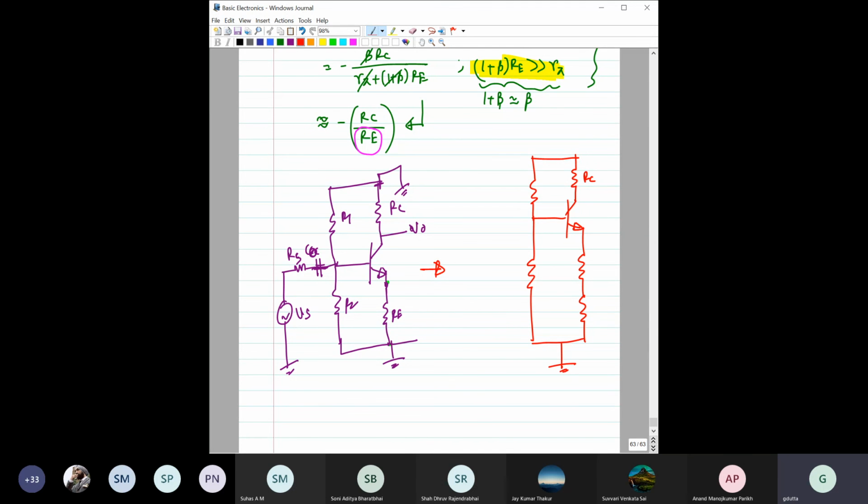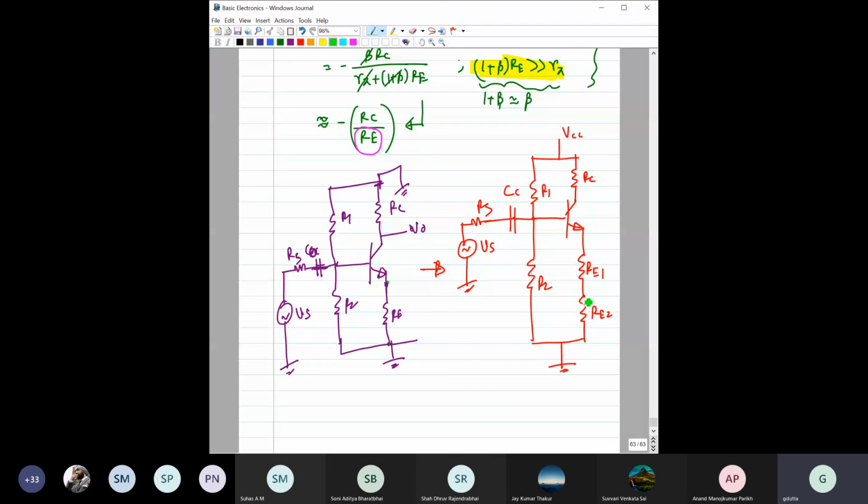So now we have changed the circuit a little bit more, right? What we are doing is splitting this RE into two parts: one is RE1 and the other one is RE2. This is the coupling capacitor, this is RS and this is VS, and here it is VC.